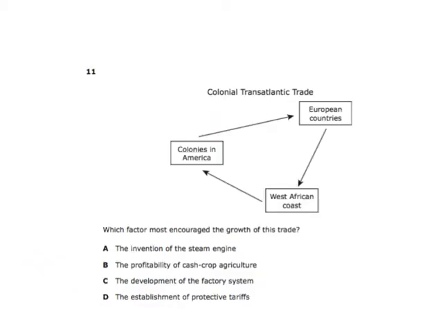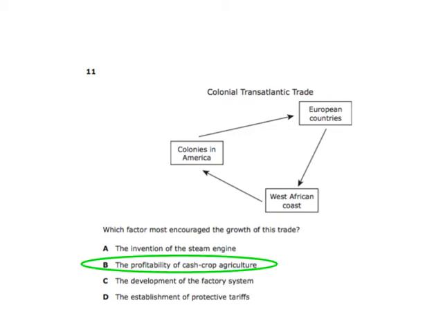Colonial transatlantic trade. You have the European colonies with an arrow pointing to West African coast, arrow pointing up to colonies in America, then an arrow pointing back to European countries. Which factor most encouraged the growth of this trade? The profitability of cash crop agriculture.